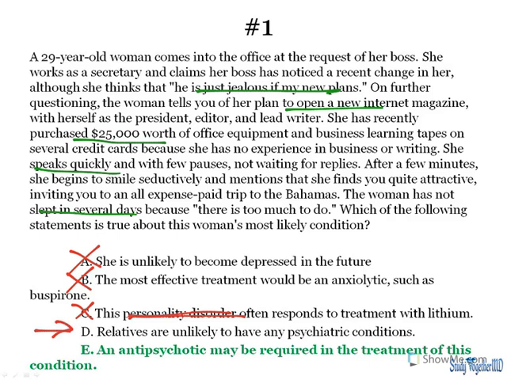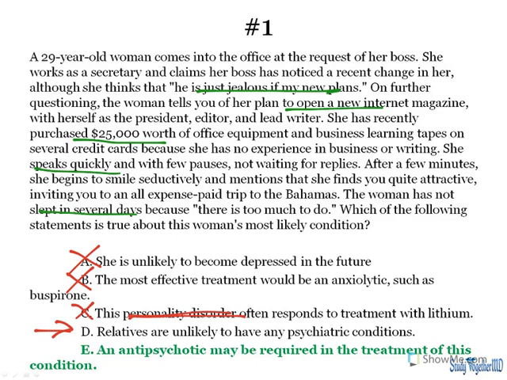Regarding statement D, it's false as well, because we all know that twin, family, and adoption studies indicated that bipolar definitely has a significant genetic component. Statistically looking at those, the first-degree relatives of a person with bipolar are approximately 7 times more likely to develop it than the rest of the population.